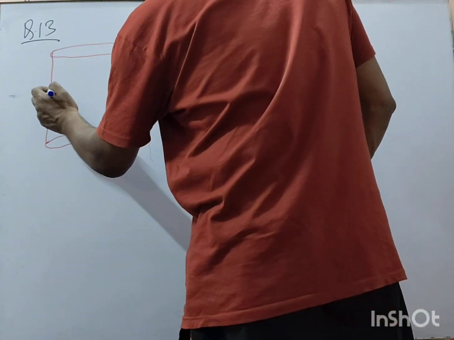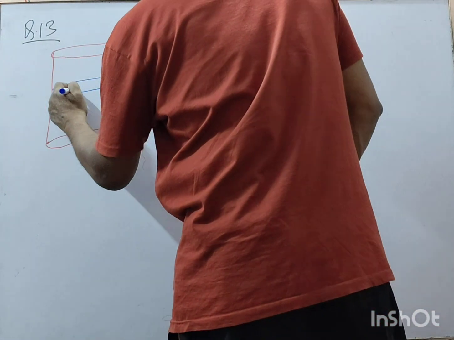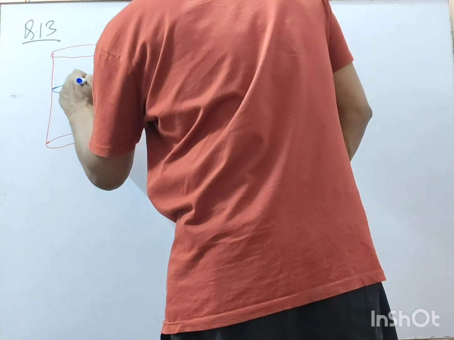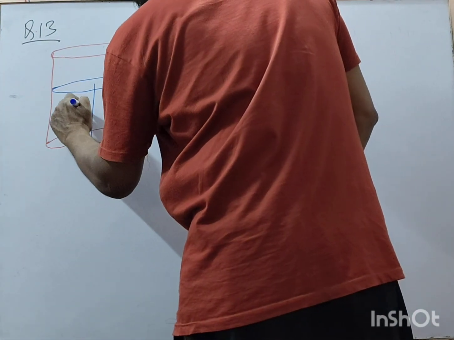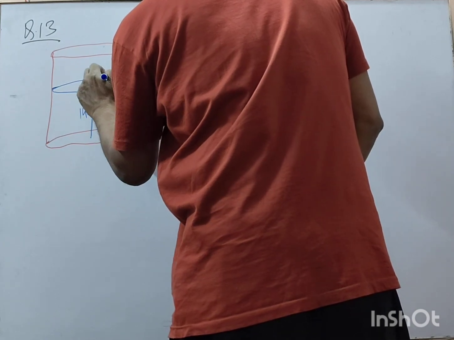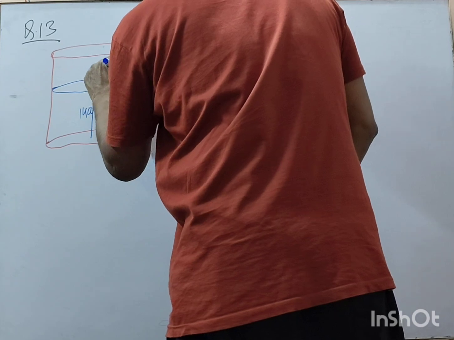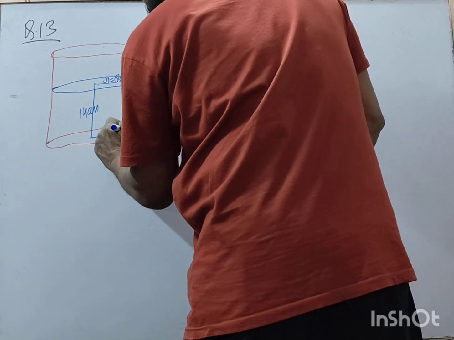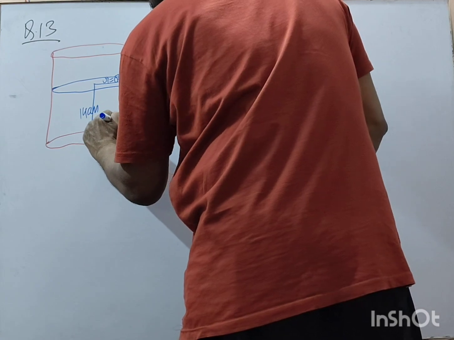Where water is up to 14 centimeter. Radius is 8 centimeter. Inside the water, radius is 8 centimeter.